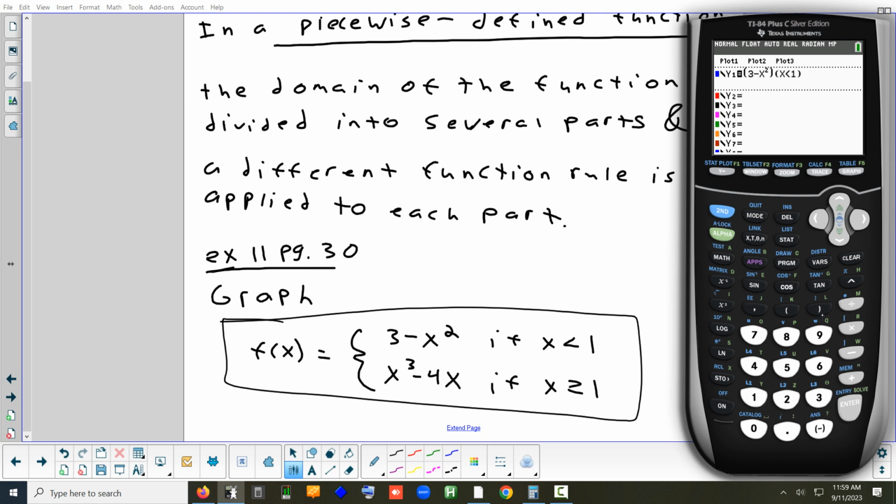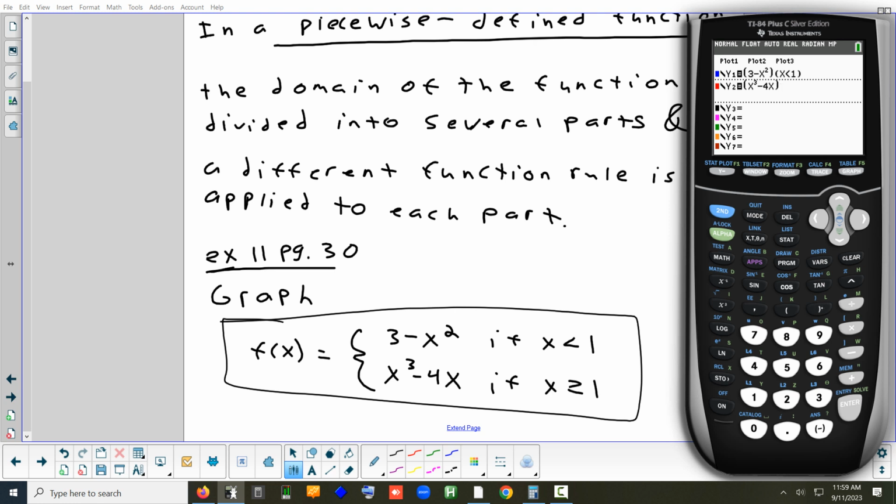Let's do it again. So let's do the bottom. So in parentheses, type in the function, x cubed. Make sure after you do the cubed, press the right arrow so you don't stay typing up in the exponent. You want to come back down. X cubed minus 4x.